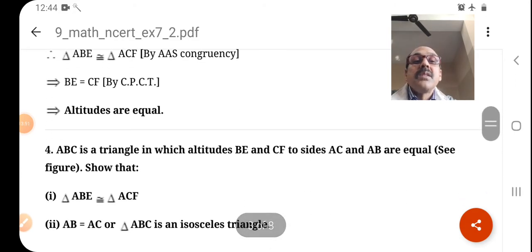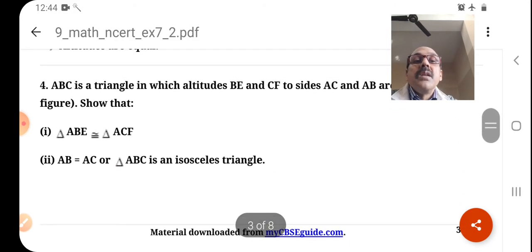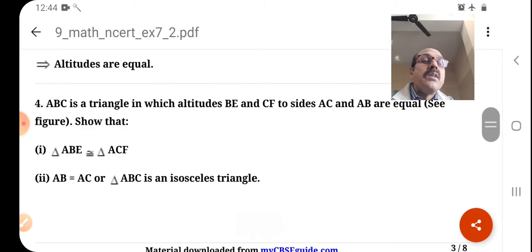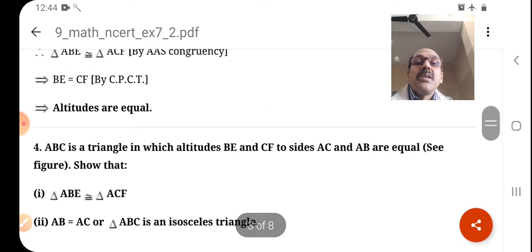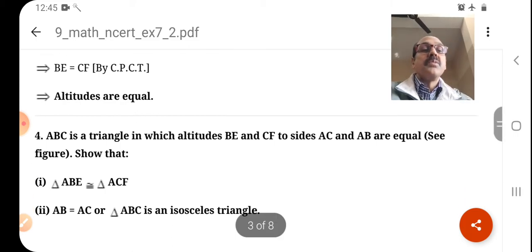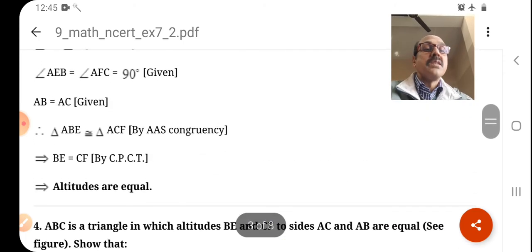Next question is, ABC is a triangle in which altitudes BE and CF to sides AC and AB are equal, show that ABC is an isosceles triangle. So ABC is a triangle in which altitudes BE and CF to sides AC and AB are equal.